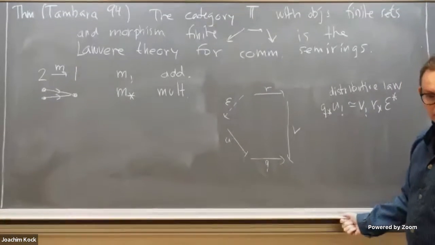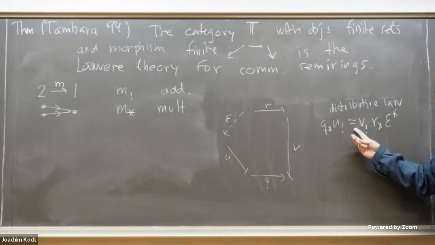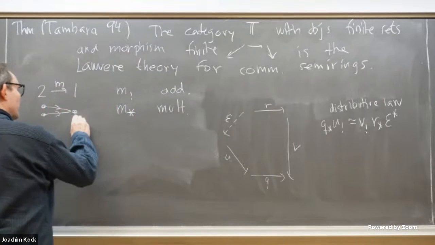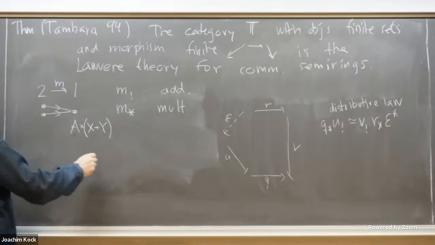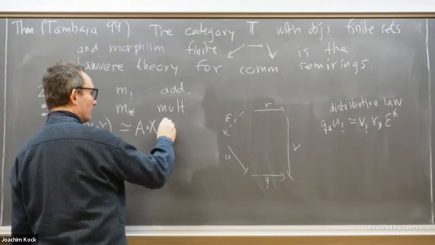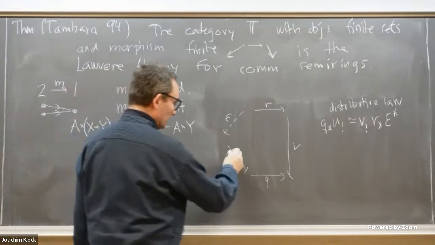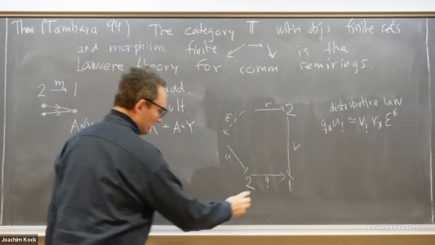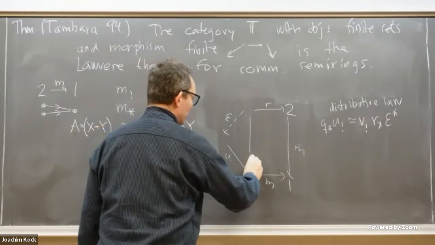Now let's see what the distributive law says. I'm going to take this one and specialize it to a few very small maps to arrive at the distributive law, which says that A times the disjoint union of X plus Y is AX plus AY. So we have to put some sets here. This is the map M, and this is also the map M. Remember that this is the pullback.